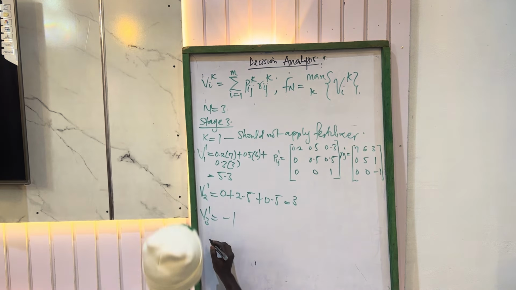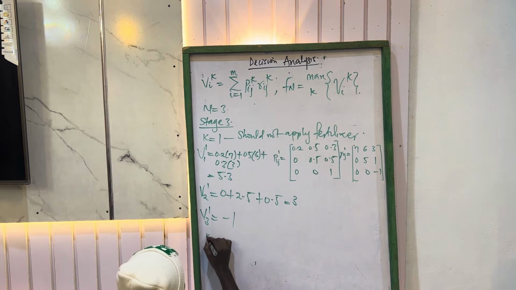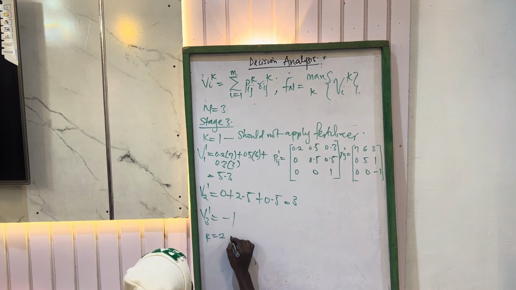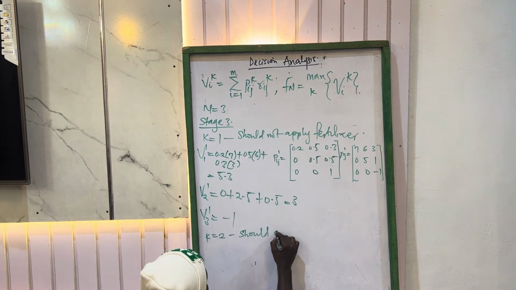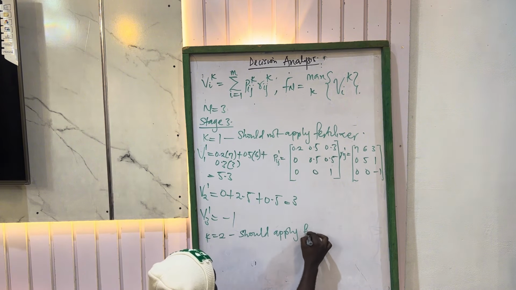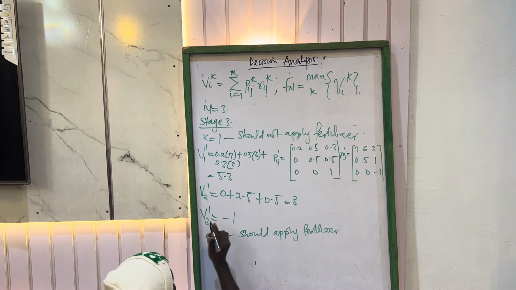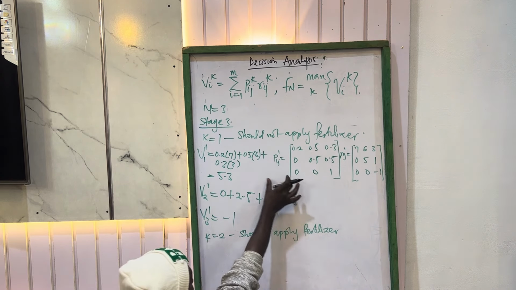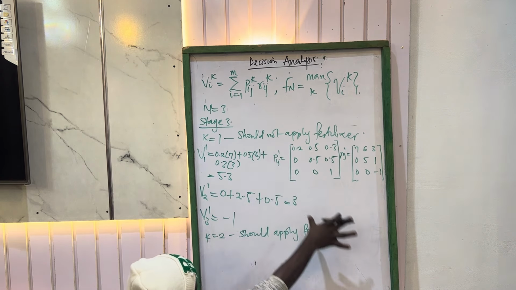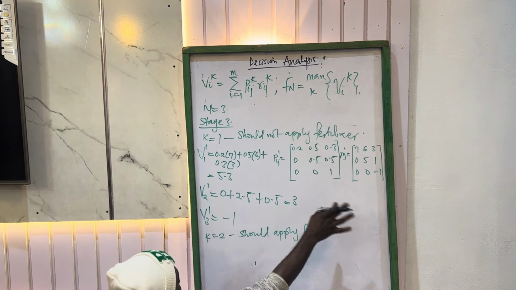So we're going to do it for V when K is equal to 2, that is, the farmer should apply fertilizer. So the farmer should apply fertilizer at this position. The same thing, I've given you the probability from initial. I can't write it out now. Then I've given you the return as well.